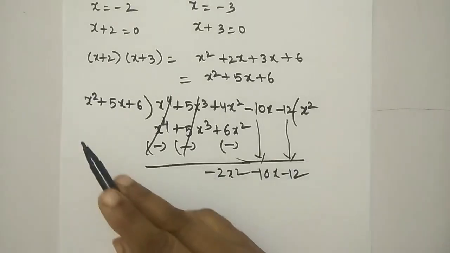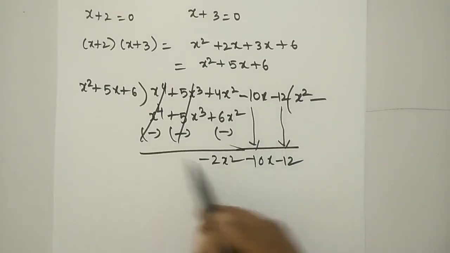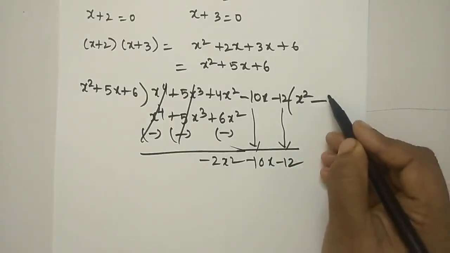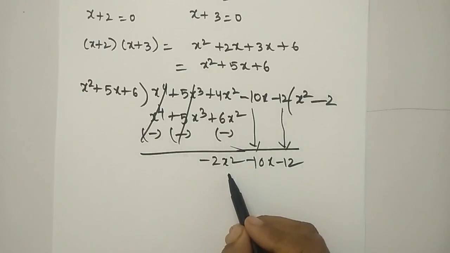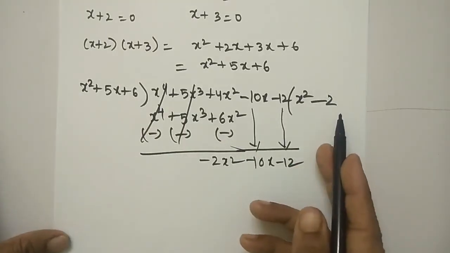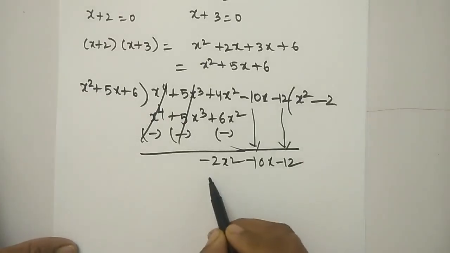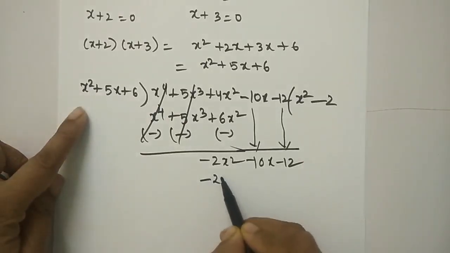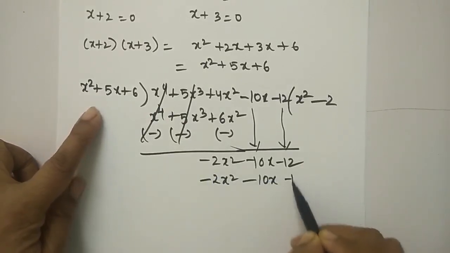Okay, here minus into plus, you will get minus 2, here x square, here x square, so no need to write the x, so it is a constant term, that is minus 2. Now multiply with g of x, you will get minus 2x square minus 10x minus 12.